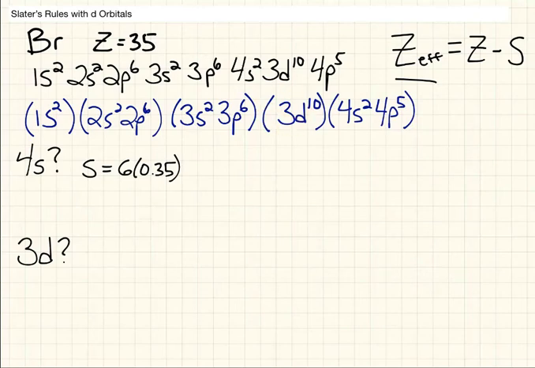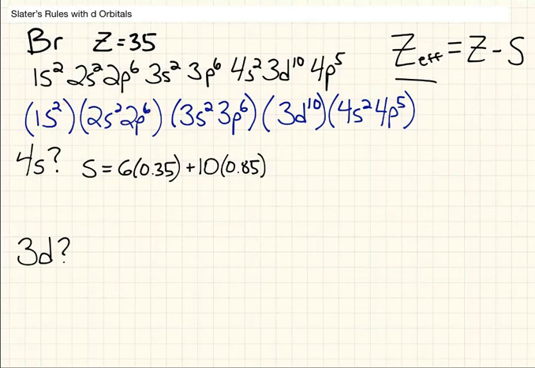So in this case, I've got obviously 10 electrons in the 3d orbital, all shielding me with a value of 0.85. And then subsequent to that, I consider every other electron inside. Doesn't matter how far in I need to go. Everything else is so much closer to the nucleus than I am out here that they all shield me completely. So there's 8 electrons here, another 8 here, and 2 here for a total of 18.